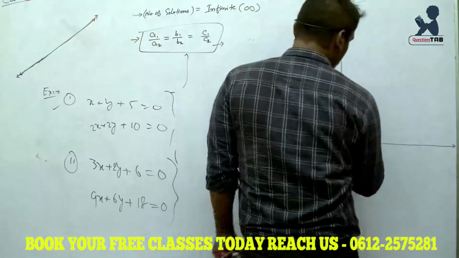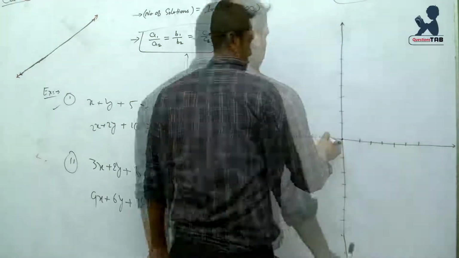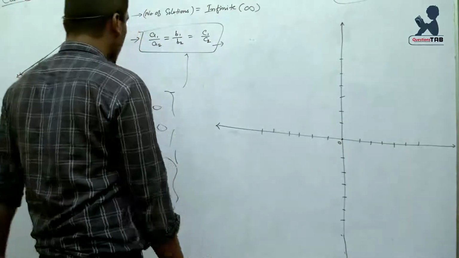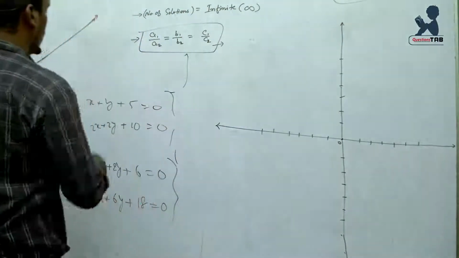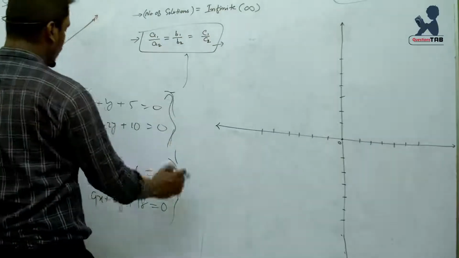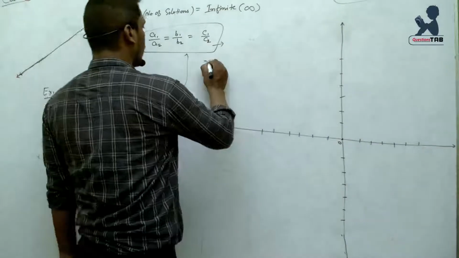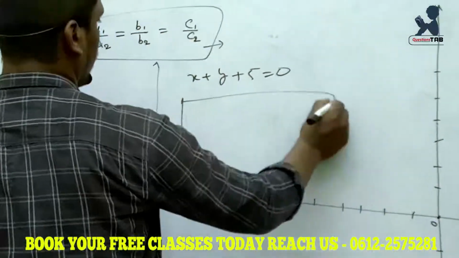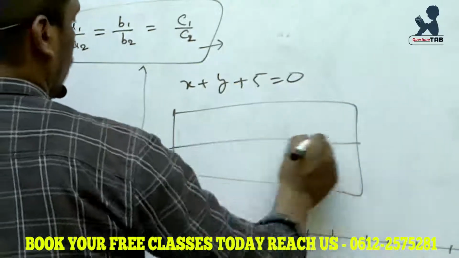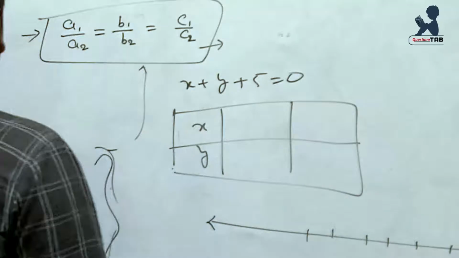Okay, so here 1 2 3 4 5 6. So the first equation is x plus y plus 5 is equal to 0, x and y.